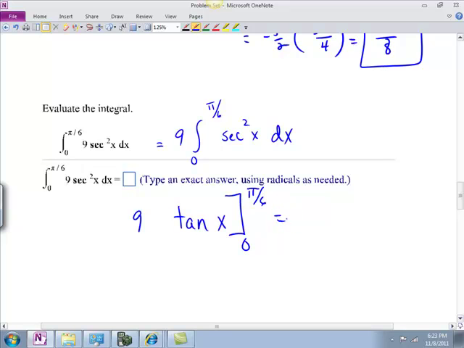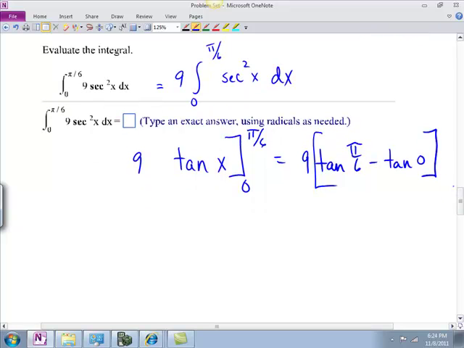All right. So you got to be able to get the tan of pi over 6. You can either use your calculator or if you've got that sheet with the nice little stuff on it. 9 times the tan of pi over 6 minus, we'll do it this way, tan of 0. What's the tan of pi over 6?